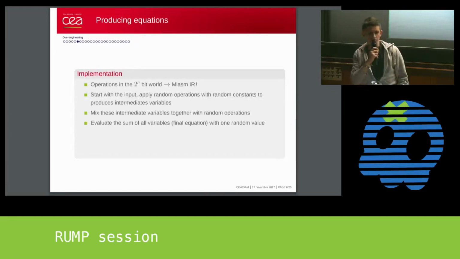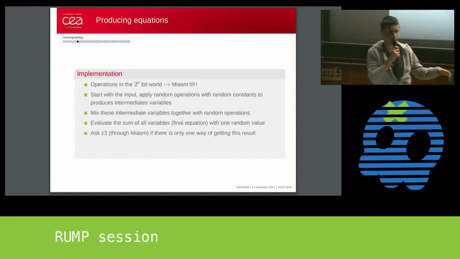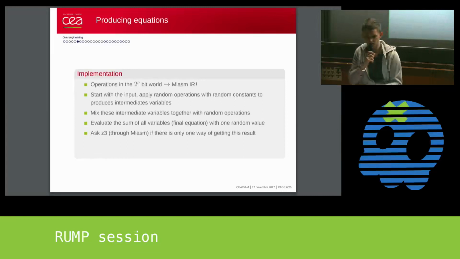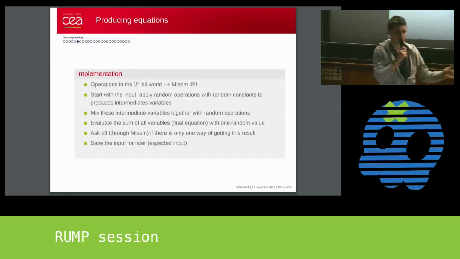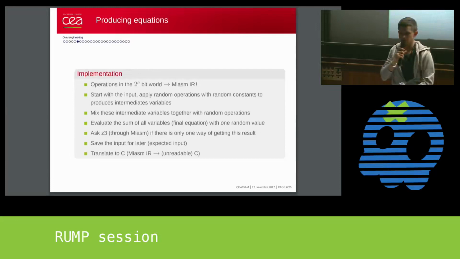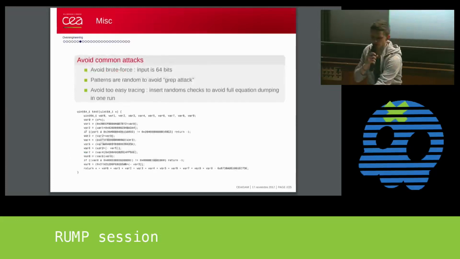Finally, we sum all of them, take a random value, evaluate the expression, and ask Z3 through Miasm if there is only one way to get the zero at the end. So we want an answer and only one. If this is the case, we save the input and we save the C code. We obtain the C code by asking Miasm to translate it to C. It's just unreadable C code, which looks like this.